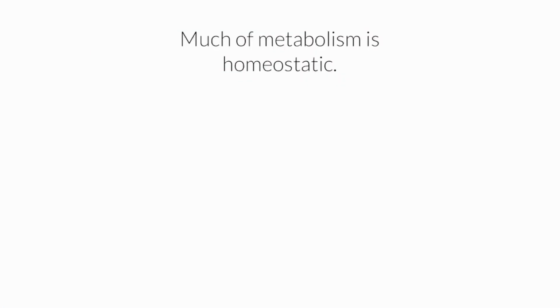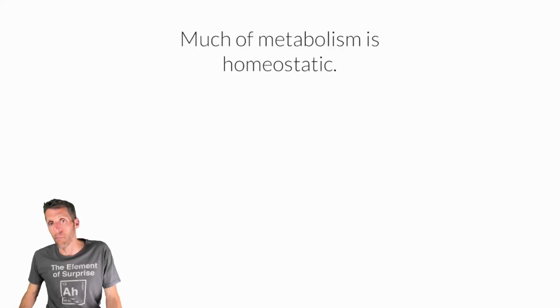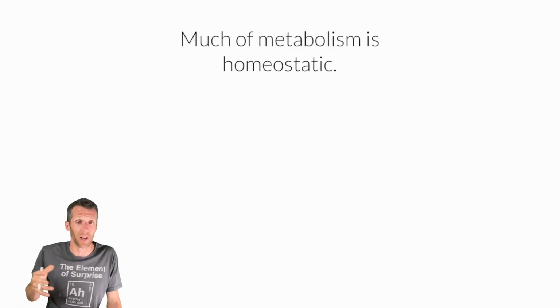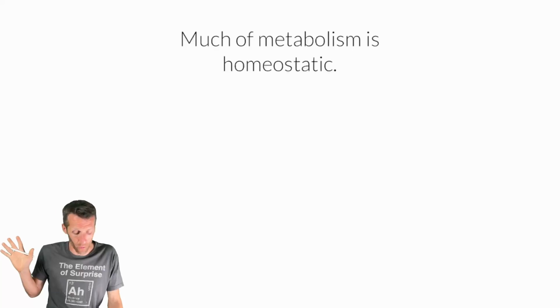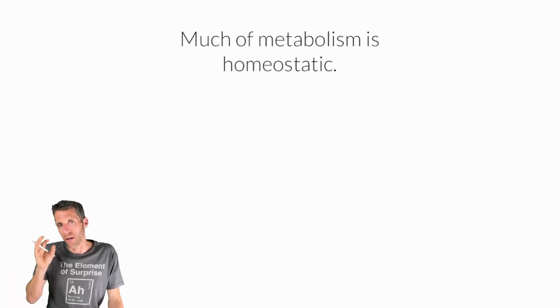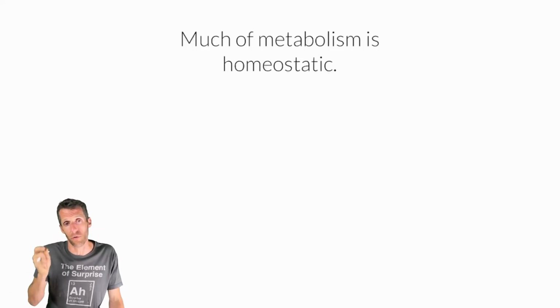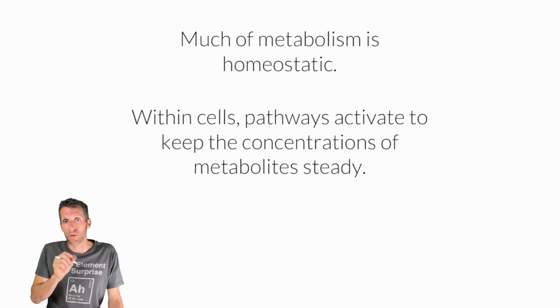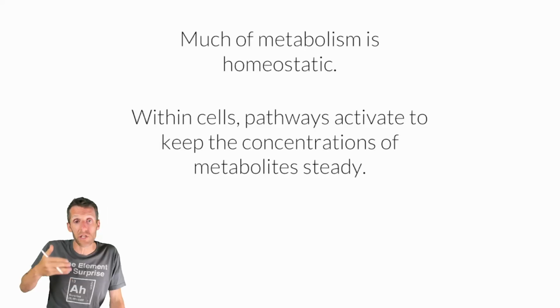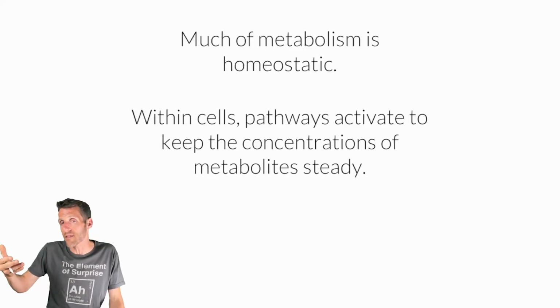And so hopefully what we've taken away from this is that much of metabolism is homeostatic. All these complicated mechanisms we're going to talk about and see can be understood, or most of them can be really understood as trying to restore the system back to its initial state, to try to restore ATP concentrations or say blood glucose to a fixed level. So biological cruise control. What we see is within cells, pathways activate sequentially to keep the concentrations of metabolites steady.